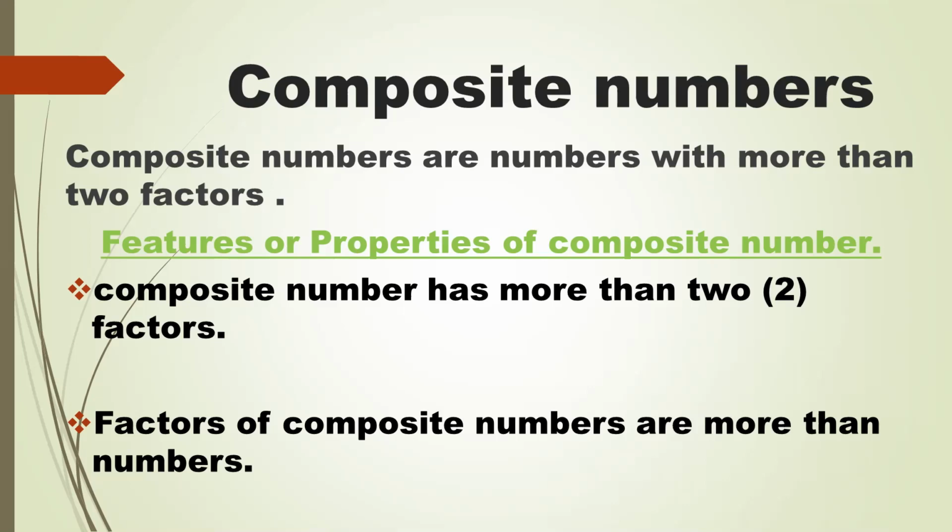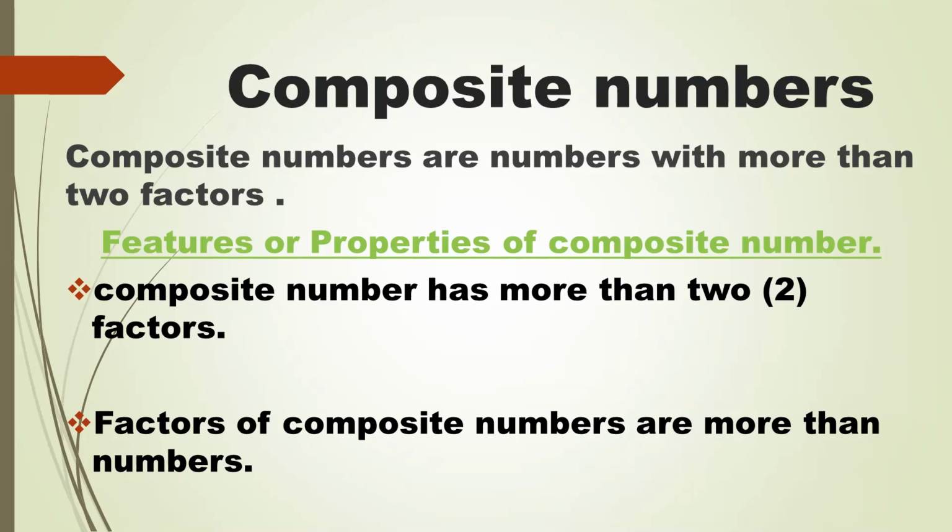Then what about those numbers with more than two factors? The name given to that is composite number. So some numbers have more than two factors.